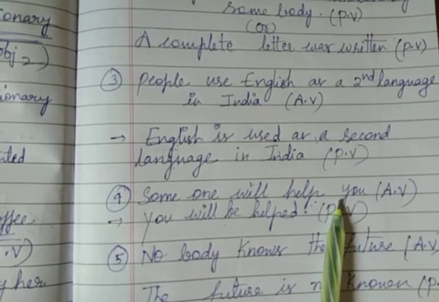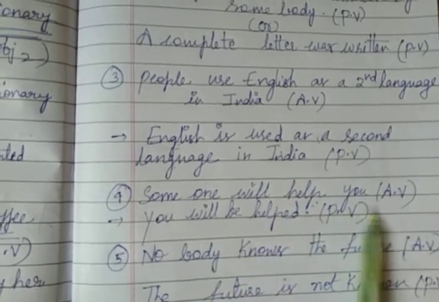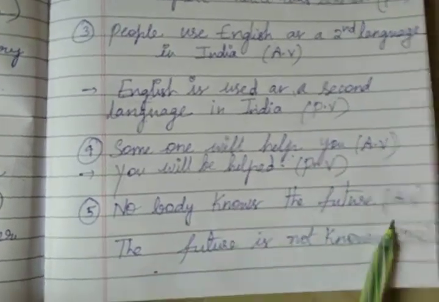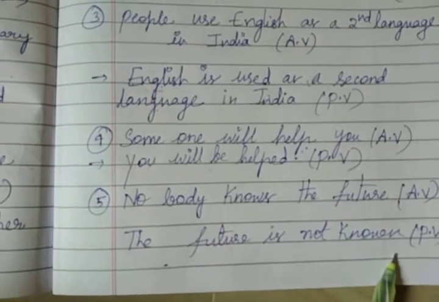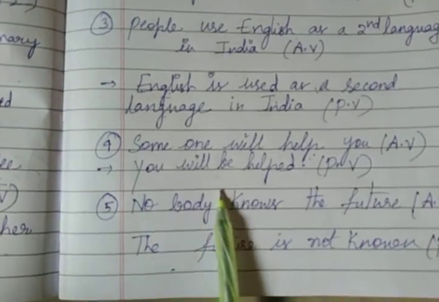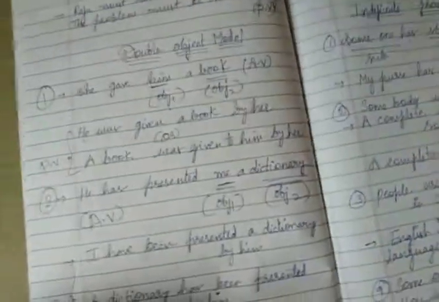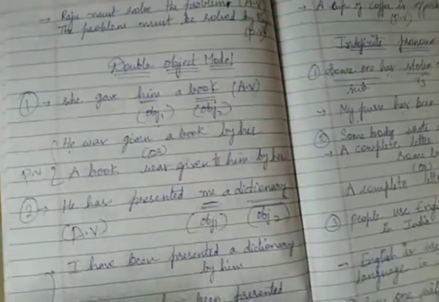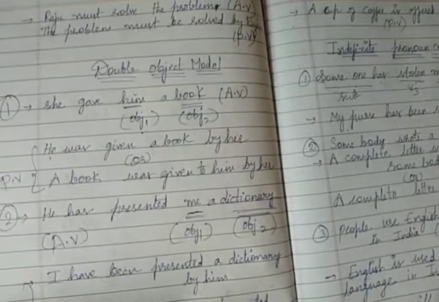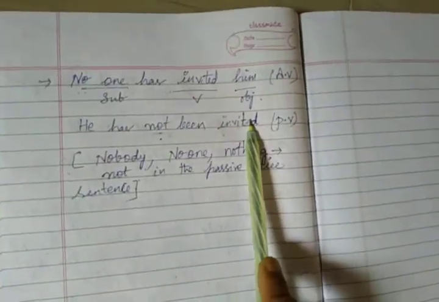Someone will help you: you will be helped. Nobody knows the future: the future is not known. As nobody is in negative form, not is compulsory in passive voice. And one of the last examples: no one has invited him.